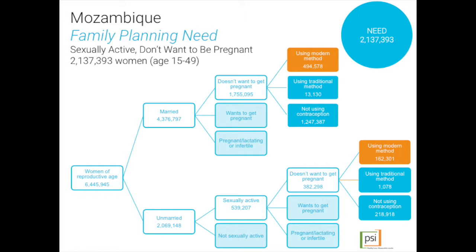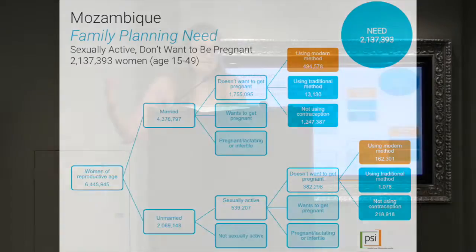Only women of reproductive age who don't want to get pregnant and are actually having sex have need for family planning. We look at different sources of data like DHS surveys and use census information to come up with a calculation for who those women really are. And we think through the logical chain of what defines need.